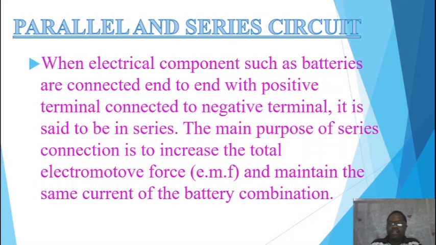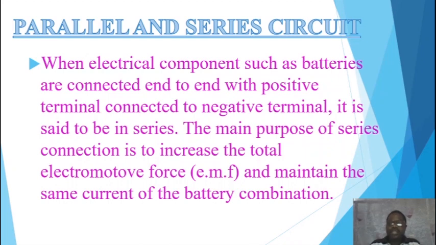A total of 3 volts. If the batteries are 4, we now have a total of 6 volts. If they are 6, we have a total of 9 volts. If they are 8, we have a total of 12 volts, and so on and so forth.